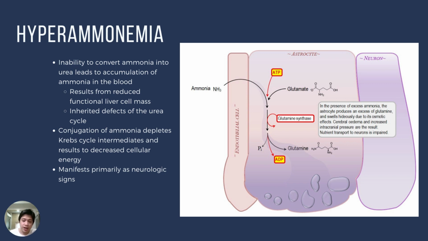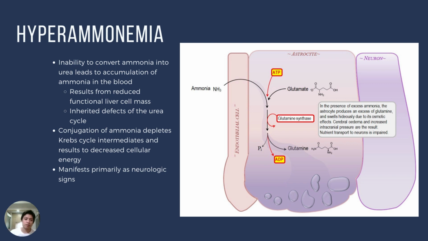So, if the individual will not be able to form urea to lower down the levels of ammonia, the body will resort to an alternative way of handling ammonia. And that is through the conjugation of ammonia with intermediates or participants of the Krebs cycle. So, what does that mean?